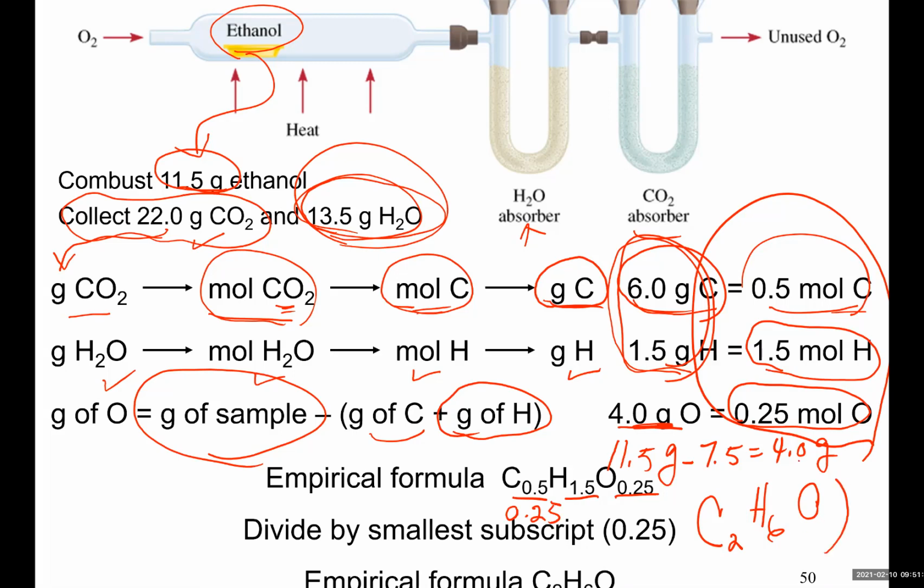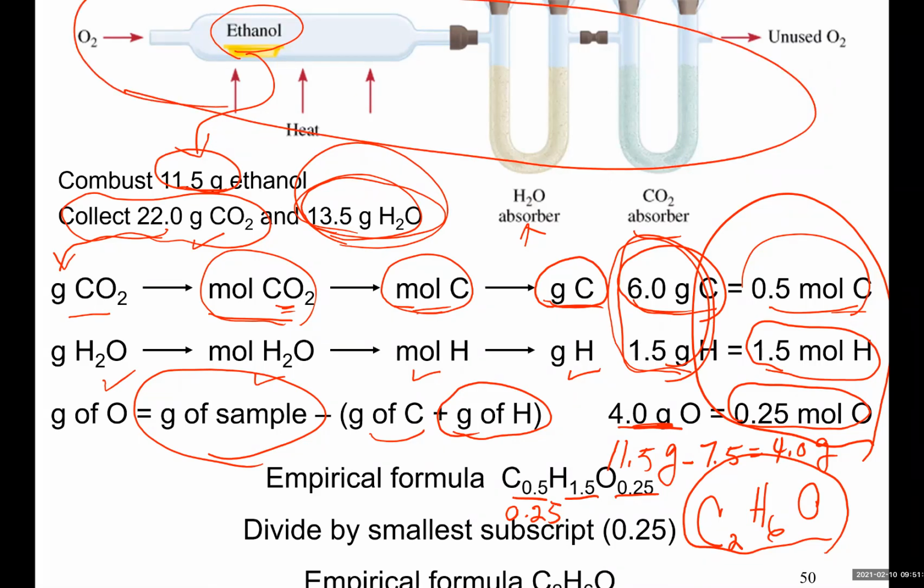So this is the empirical formula. So you see, we can obtain a formula by combustion analysis. That's how we identify an unknown compound.